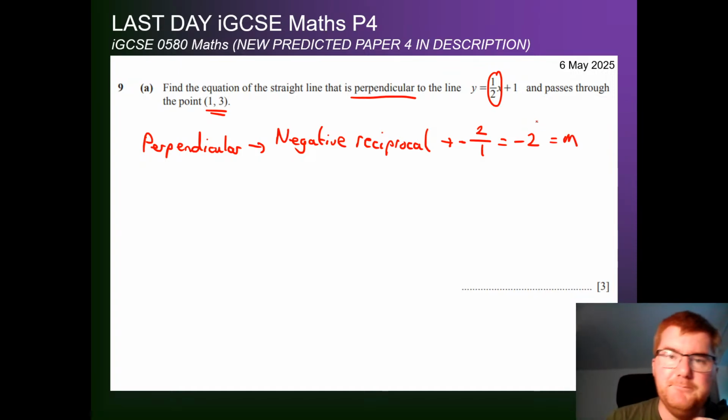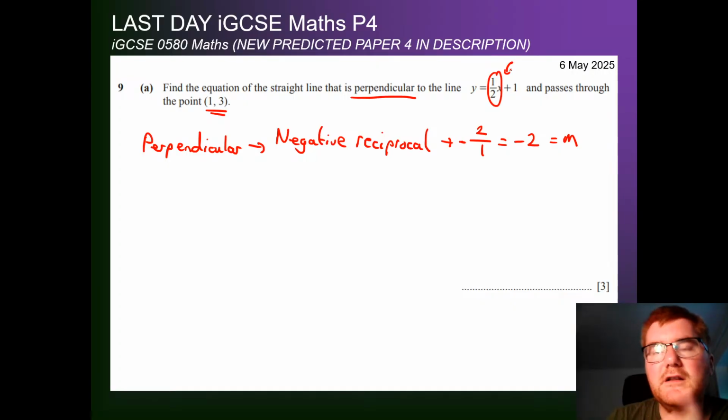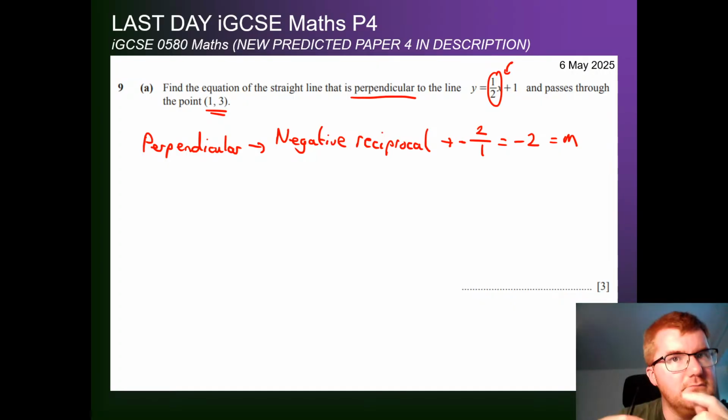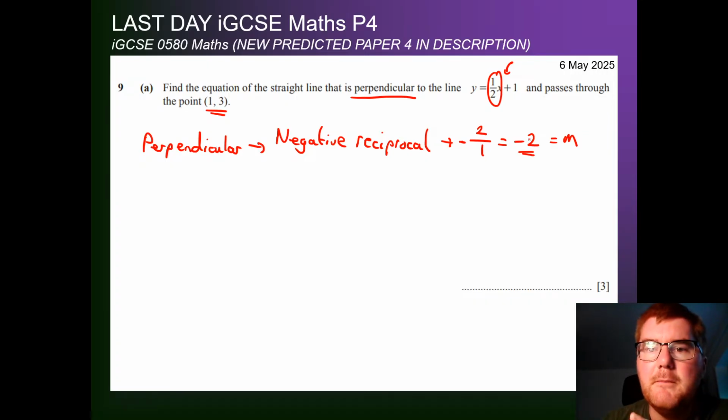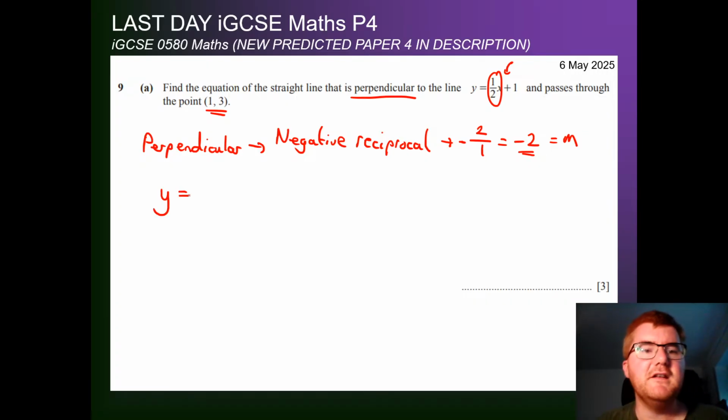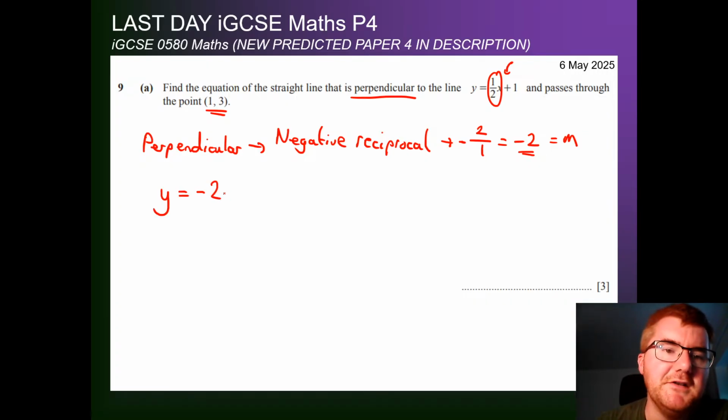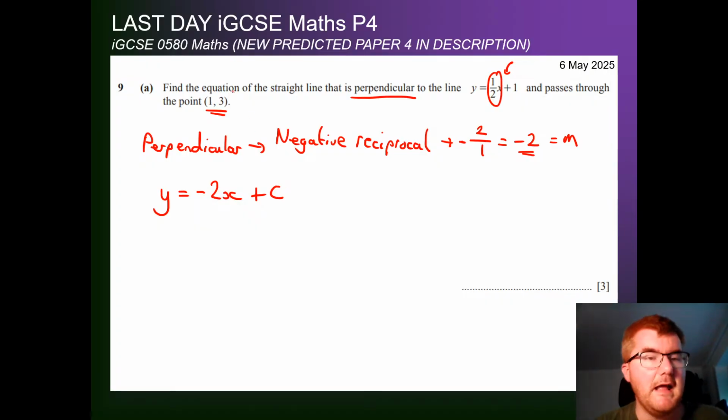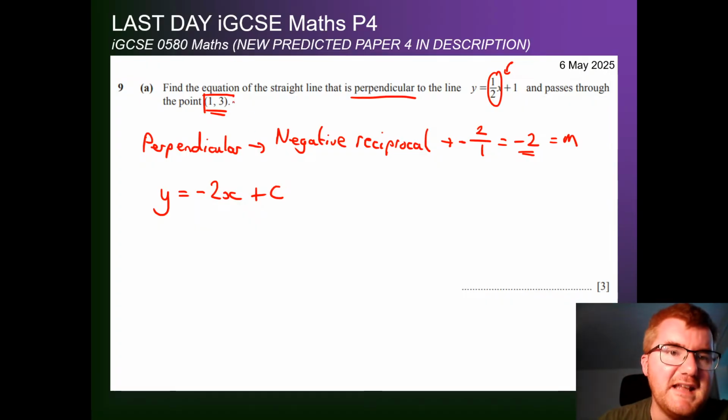So go through that again. I look at the gradient of the line I have, flip the fraction, change it from a plus to a minus. That gives me the gradient of the perpendicular. Therefore, the line that we're looking for has the equation of y equals minus 2x plus c, and we still don't know what that c is, but that's where this point comes in.